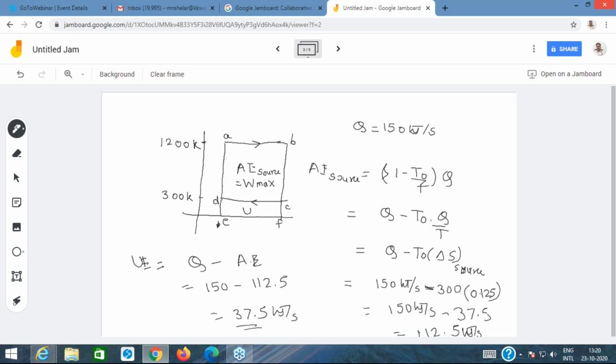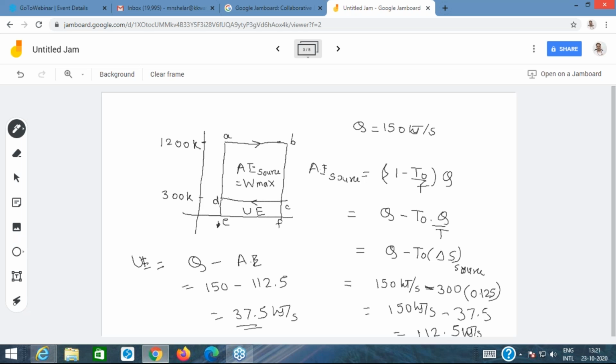And the area under A to B is the heat transfer. So heat transfer is available energy plus unavailable energy. This is the first part of the question.